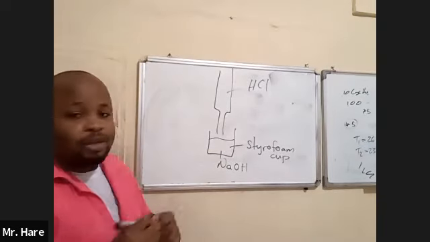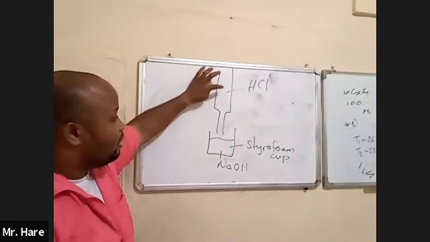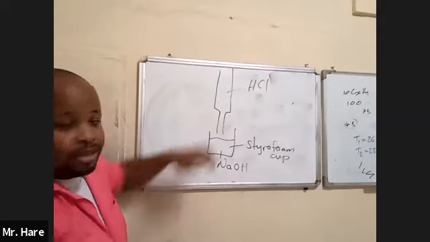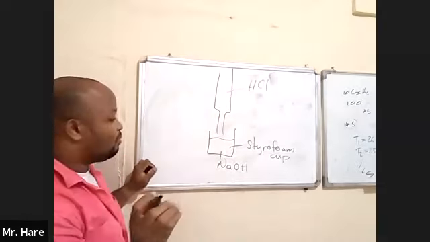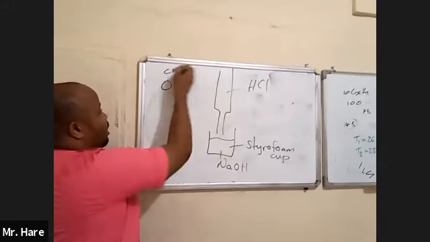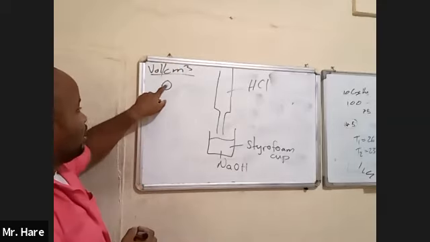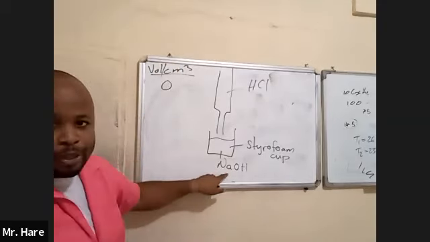First, before you add any hydrochloric acid to the beaker, at 0 cm³ of HCl, you are going to record the temperature of the solution.